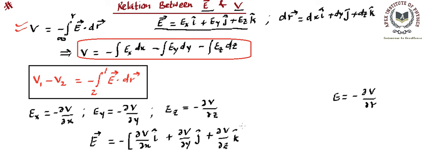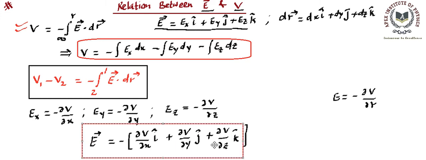So if we know these individual components, we can place them here and sum them up to get the final expression for the electric field. So this expression will be used to find the electric field if the potential as a function of Cartesian coordinates is known.